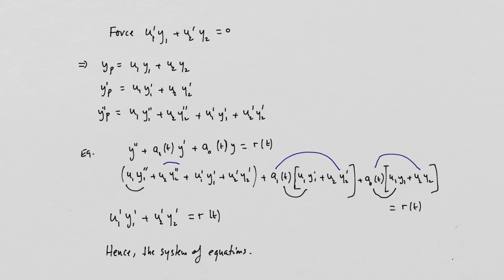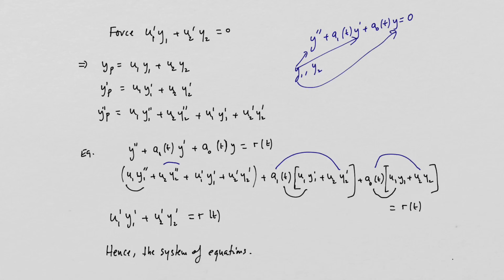So what you notice is this. We know this is my homogeneous equation, if you remember. One of the solutions was y1, and the other one was y2. That's the fundamental set. That means if you plug them in here, you should get 0, right?